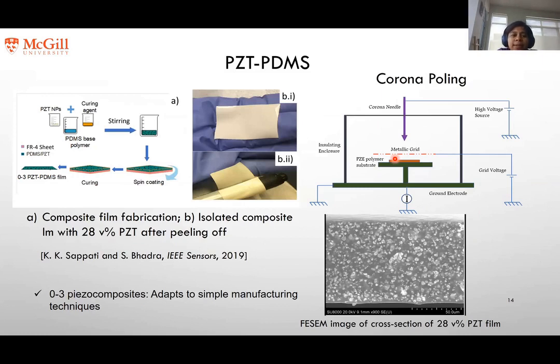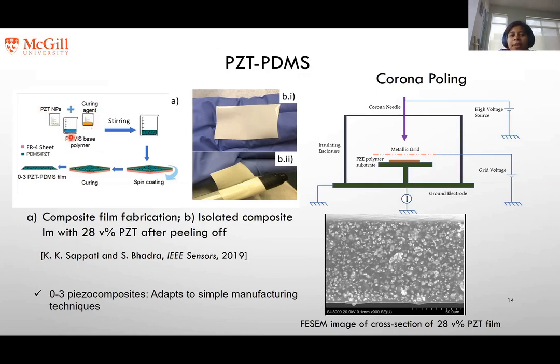So as you can see, we basically made a piezo composite out of piezoceramic, which is PZT, and the polymer matrix was made from PDMS. The way we made it is we had PZT nanoparticles, and we had PDMS-based polymer, and we had curing agent.